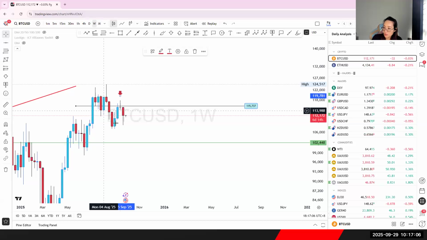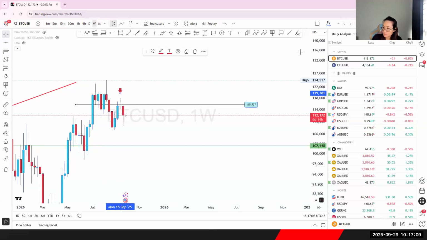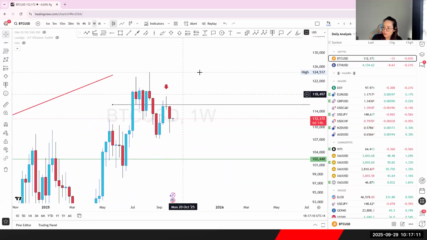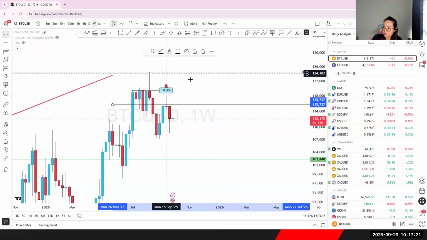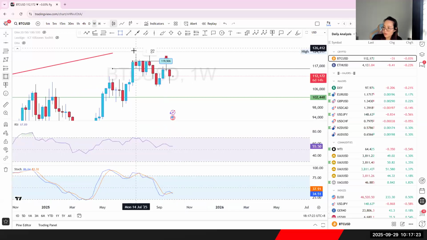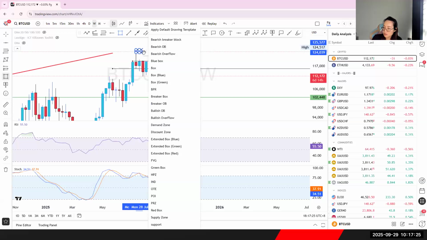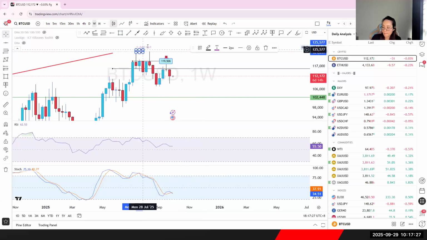And when you go to the weekly, what do you see? You have really strong selling, and you see that the weekly time frame is opening and closing at almost the same price, and we have a very strong bearish divergence here in the weekly.